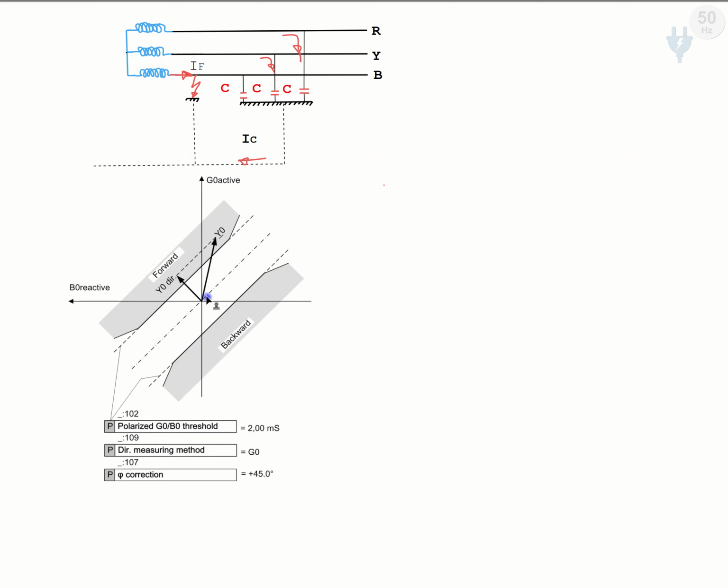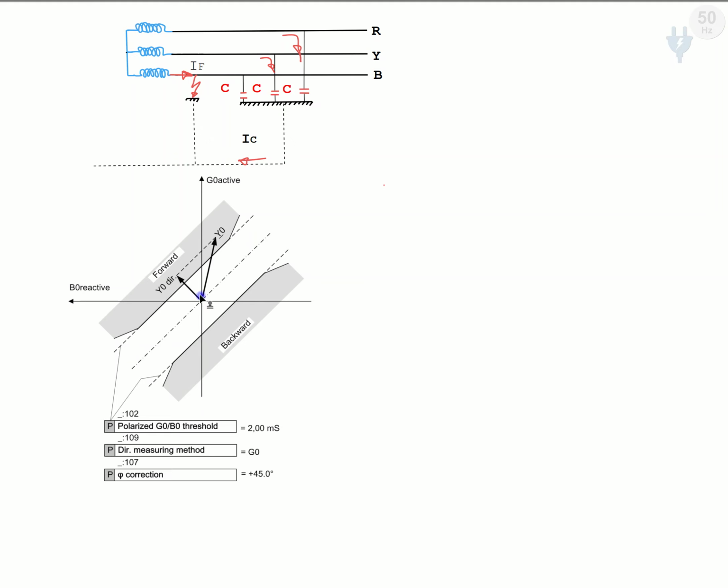And if our zero sequence current is almost in this area, much more, it means that the system is an isolated system and the capacitive current is very high, meaning our system is isolated with underground cables.